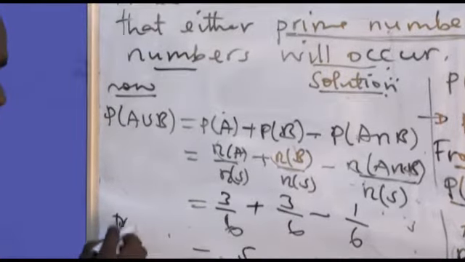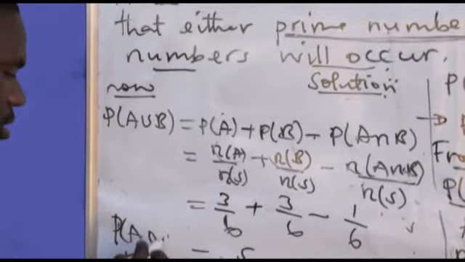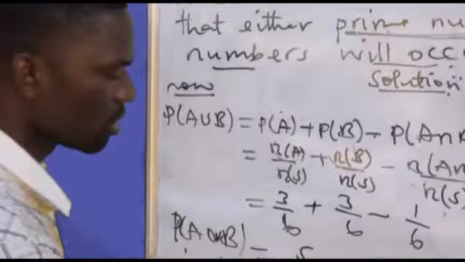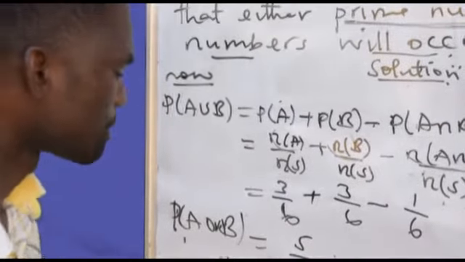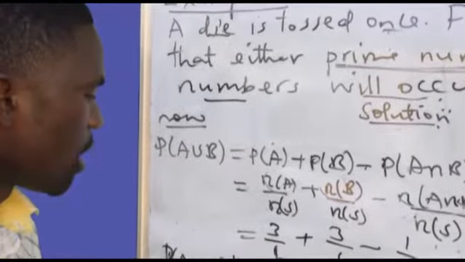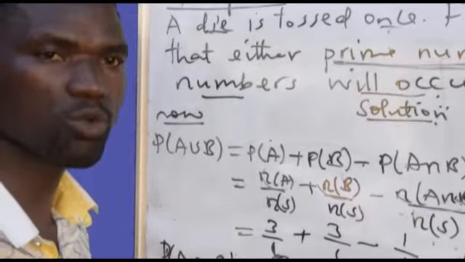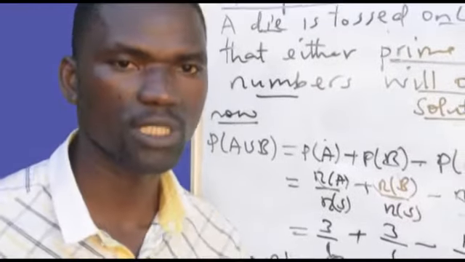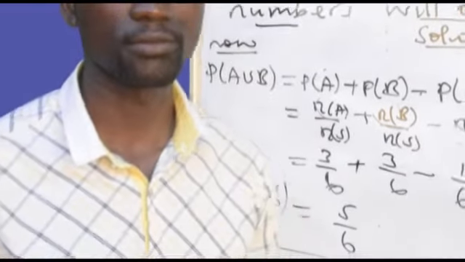Now the probability of A or B is 5 out of 6. This means that the chance that prime numbers or even numbers will occur after one toss of a die is 5 out of 6. Let's check example number 2.